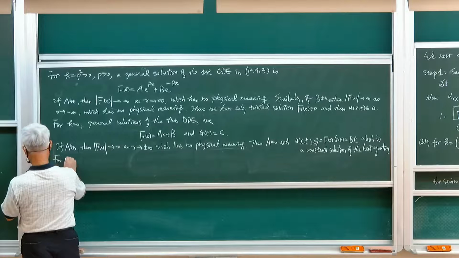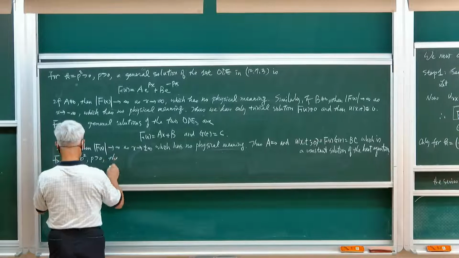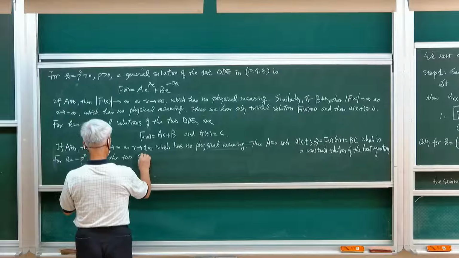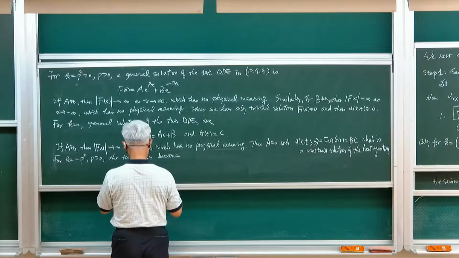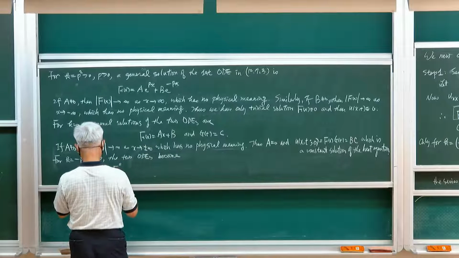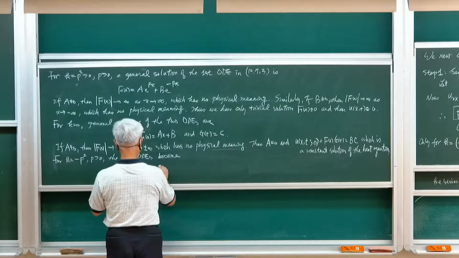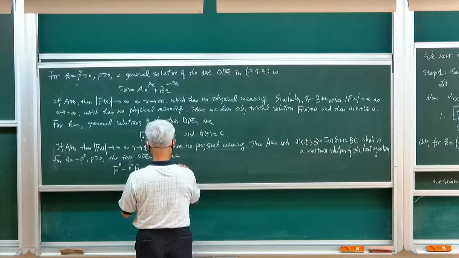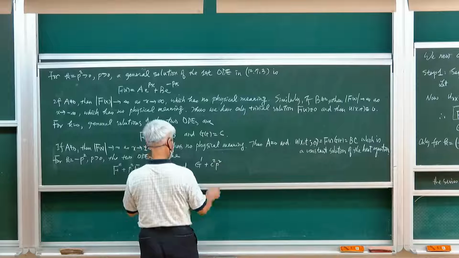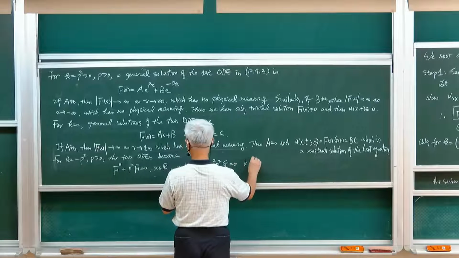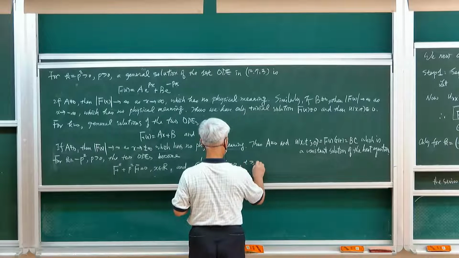Now the last case, for k negative. The two ODEs become F double prime plus p squared F equal to 0 for x in R, and G prime plus c squared p squared G equal to 0 for t greater than or equal to 0.